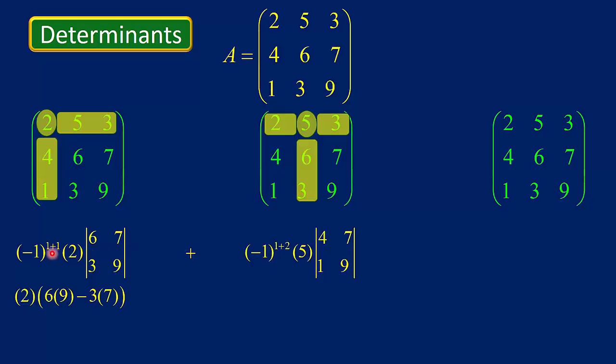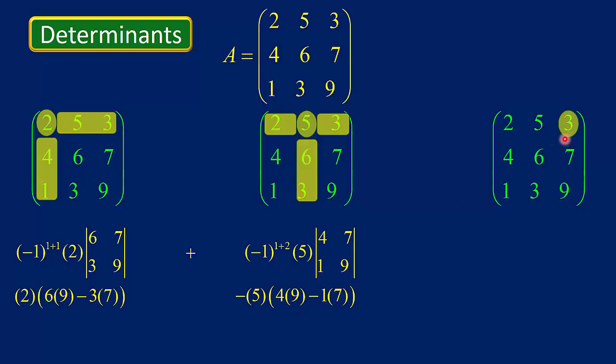So in calculating our determinant, we're going to have this first calculation plus the second calculation. Now let's see what this is going to give us. This is a negative number now, so we have a negative 5 times 4 times 9 minus 1 times 7. There we have it.